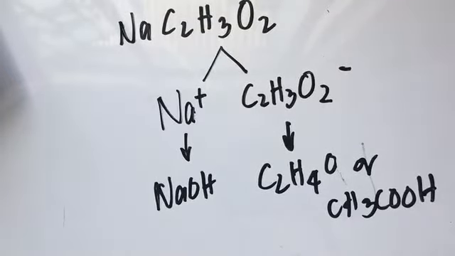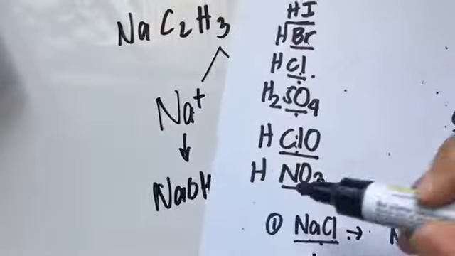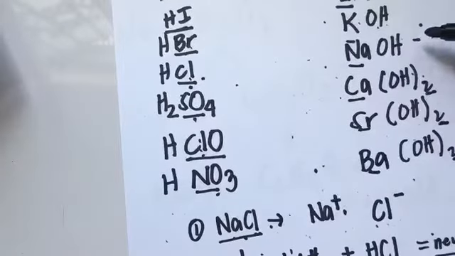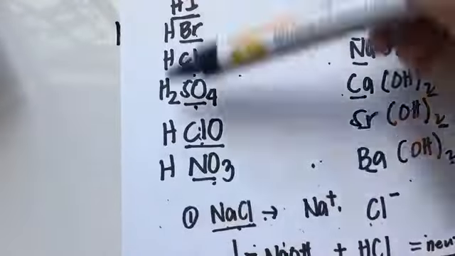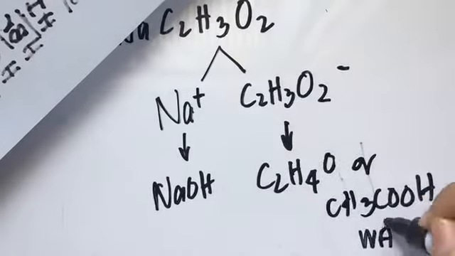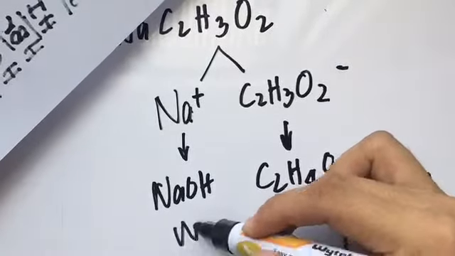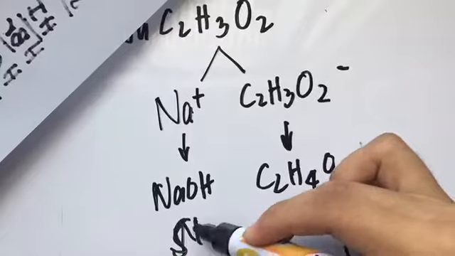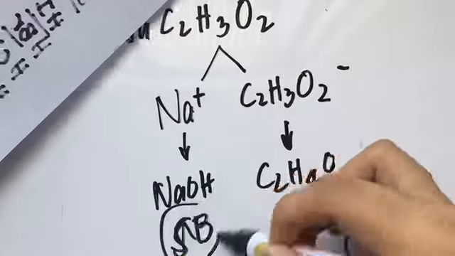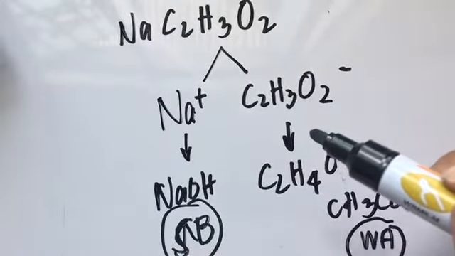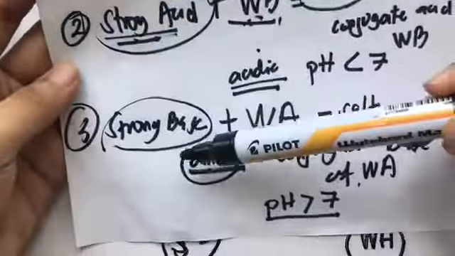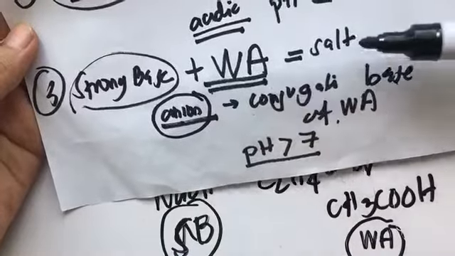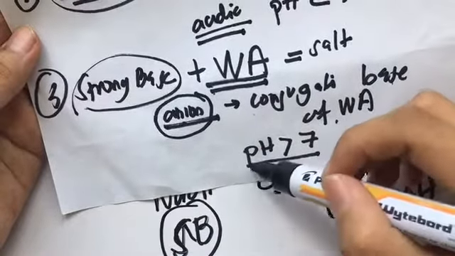Okay. So sa mnemonics natin kanina, ang NaOH is a strong base, at wala sa strong acid yung ating acetic acid. That's why, ibig sabihin, that is a weak acid. This is a weak acid, and that is a strong base. And we all know that a combination of a strong base plus a weak acid will form a salt that is basic.